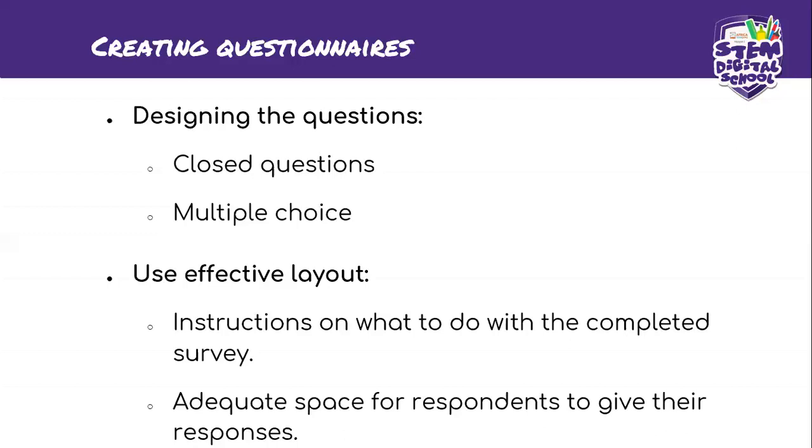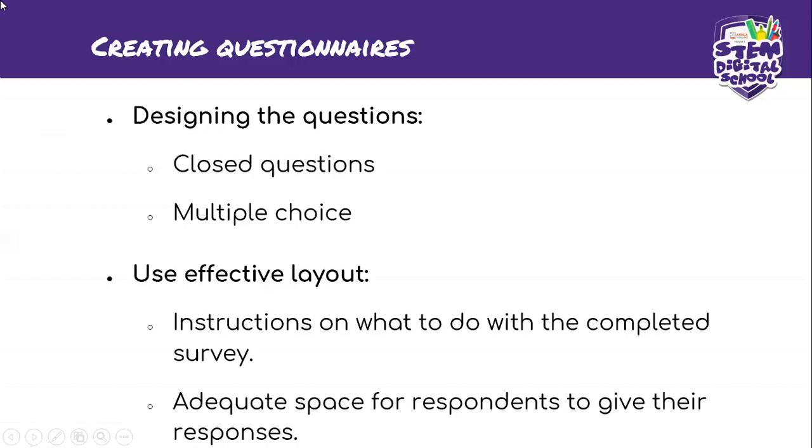Those are examples of multiple choice and closed questions. So when you're making questionnaires, you need closed questions and multiple choice questions. Right. So with the layout of your questionnaire, you need to have instructions on what to do with the completed survey.